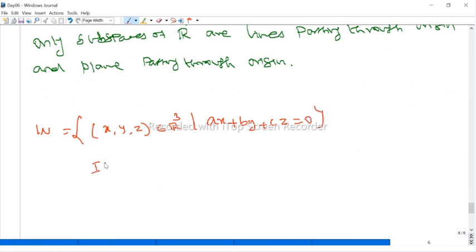So I am asking, is W a subspace of R3? And we know the subspaces of R3. What does the equation represent? It's a plane equation, and the right hand side is 0. Therefore, this is a plane passing through origin. Therefore, clearly W is a subspace. So in R3, if you take a line or plane passing through origin, it is a subspace.